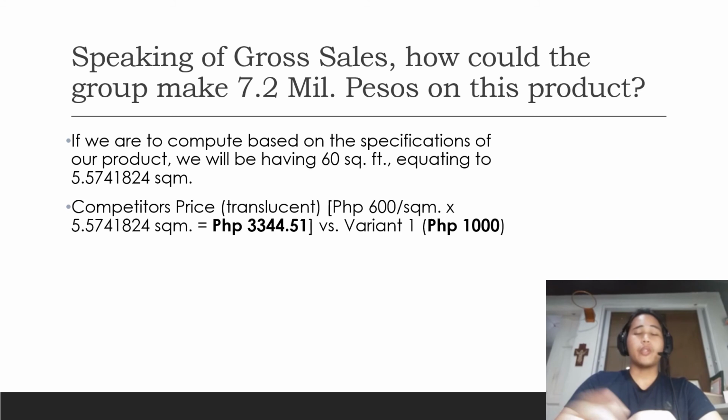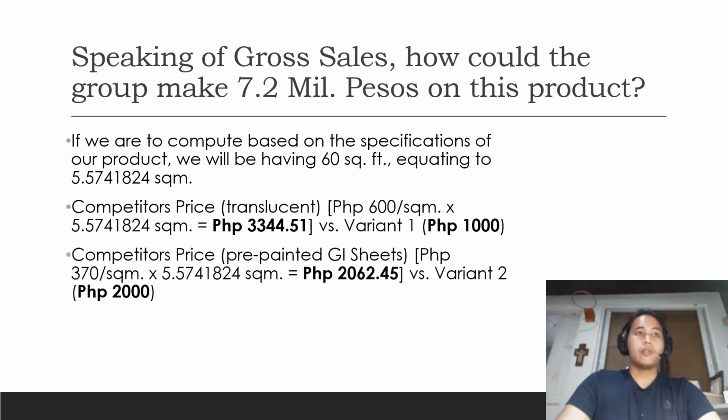In comparison, for the first competitor, which is the translucent one, having 600 pesos per square meter, multiplying that by 5.57 square meters would equal 3,344.51 pesos. In comparison to that, our first variant is 1,000 pesos.